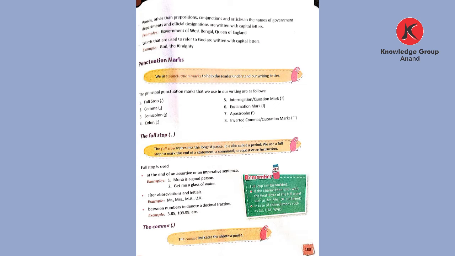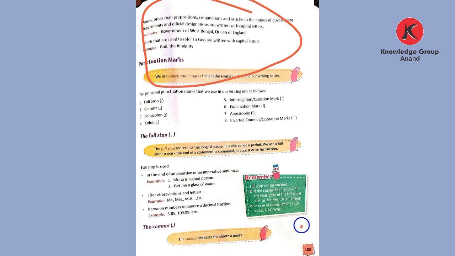Let us go to the next page, page number 183. Have your attention here in your book. Words other than prepositions, conjunctions, and articles in the names of government departments and official designations are written with capital letters.